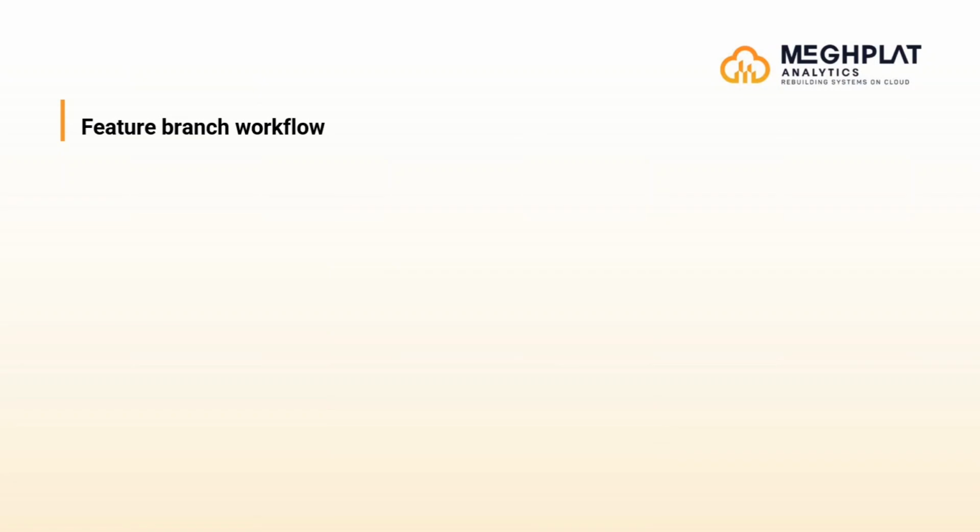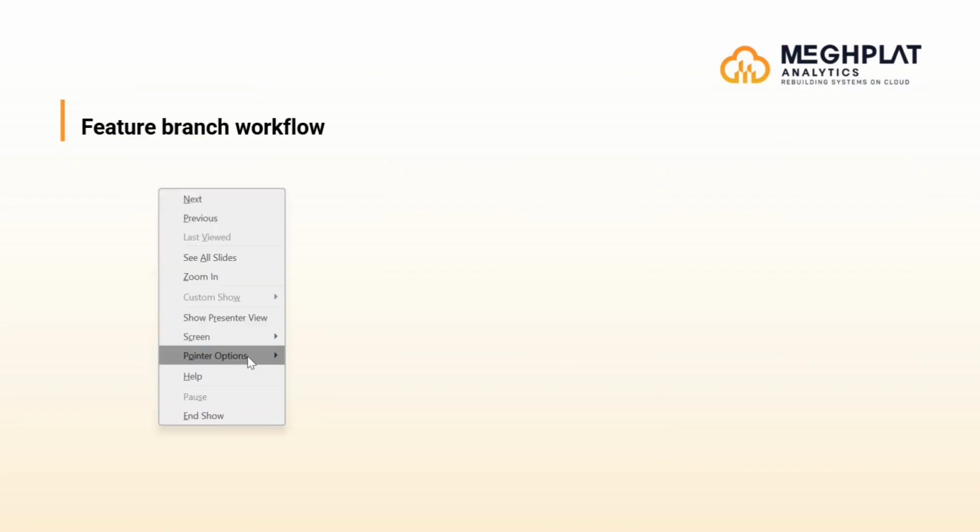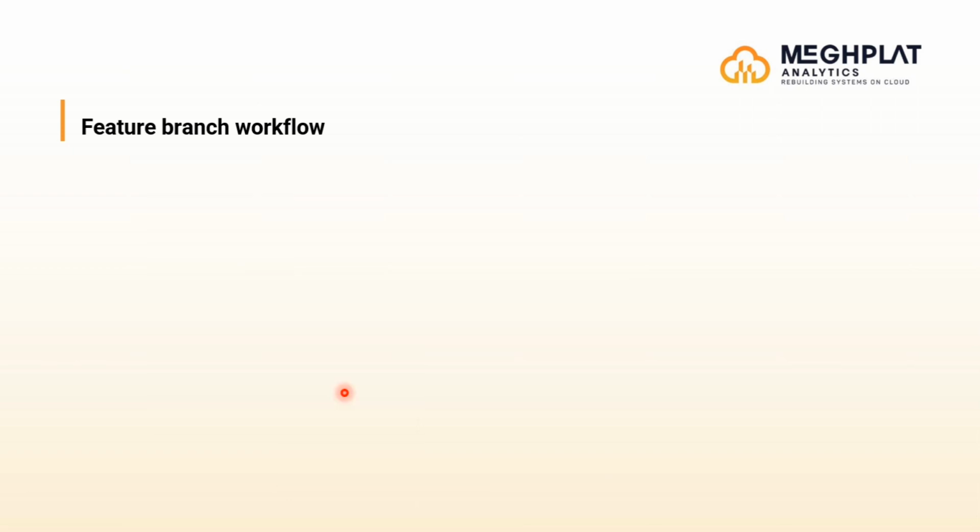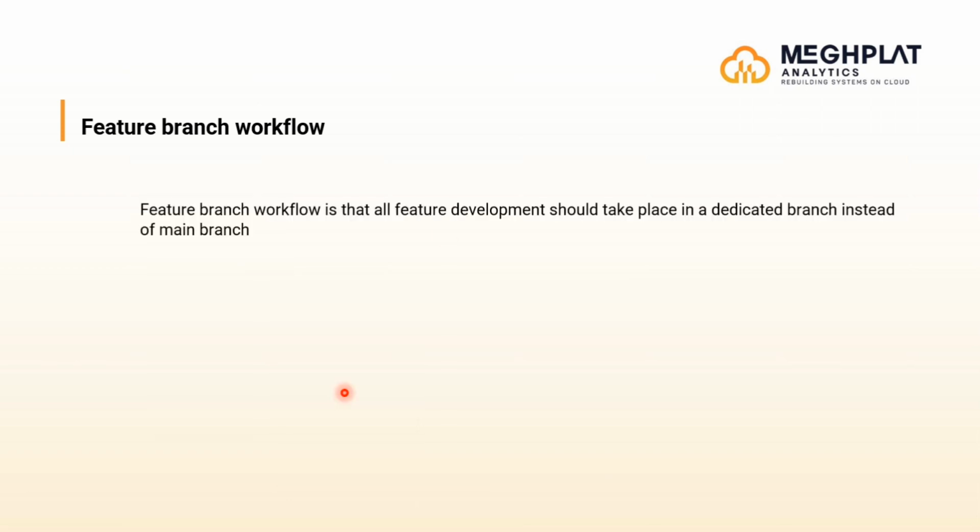Let's say the feature branch workflow. The core idea behind the feature branch workflow is that all feature development should take place in a dedicated branch instead of main branch.